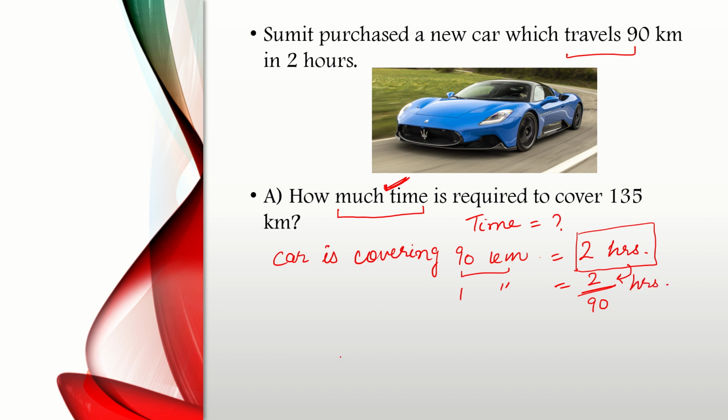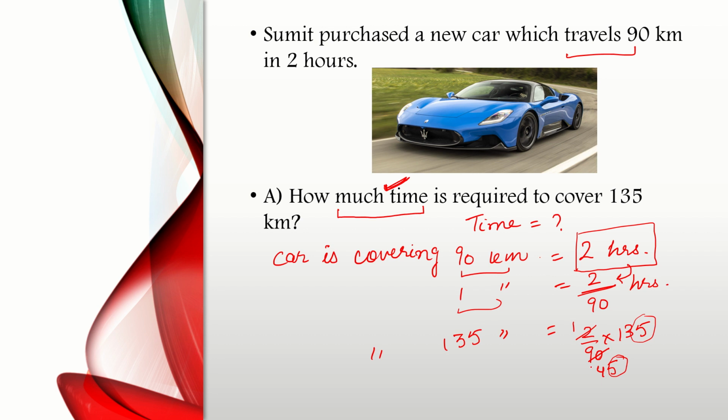Now I have to find out time to cover 135 kilometer. I have to find more distance. This 135 kilometer is more than 1, and to get more than 1 I have to multiply. So 2 by 90 multiplied by 135. Now you know the cutting method: 2 ones are 2, 2 45s are 90. You can cut directly by 45 or you can use the divisibility test.